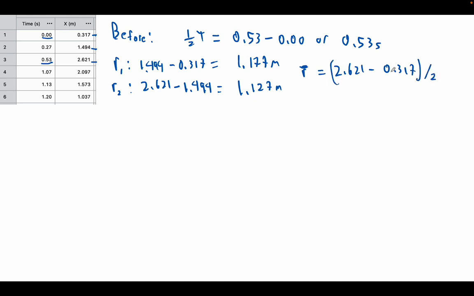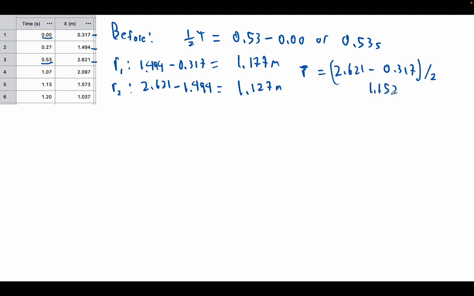That should be the same as this average, right? 2.621 minus 0.317 divided by 2. So, whoops. What did I do? Oh, I closed a parenthesis that I didn't open. Fine. Okay, let's see. That's 1.152.